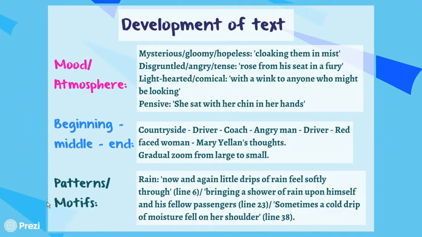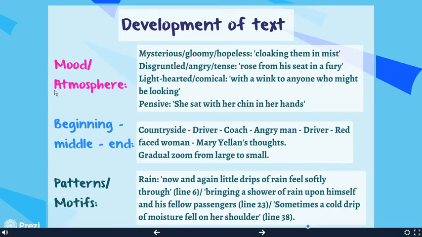So hopefully you've paused the video and found some structural points of interest. This is not an exhaustive list of everything that you could have found, but just some key observations that I have come up with. In terms of mood and atmosphere, you might have noticed that at the beginning we have quite a mysterious and gloomy, maybe hopeless atmosphere. Just quotes here to support, 'cloaking them in mist'.